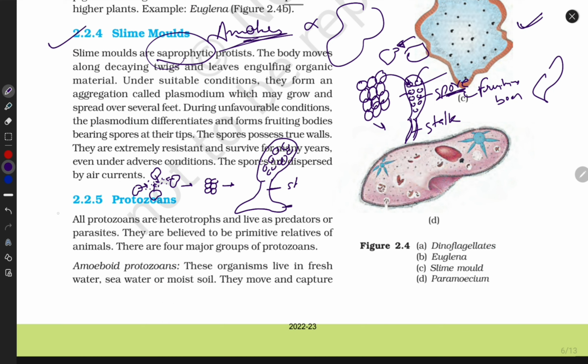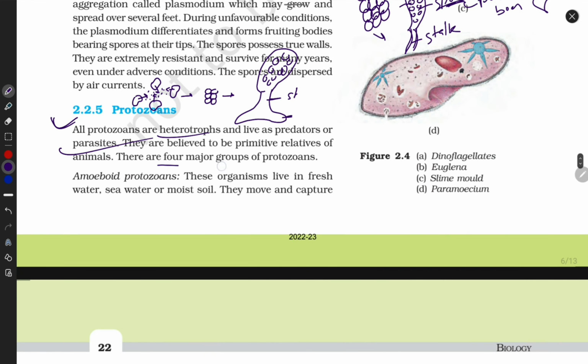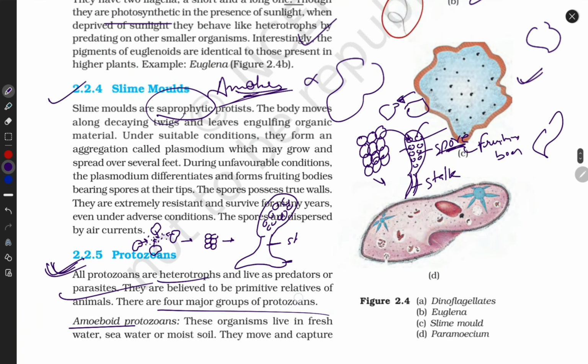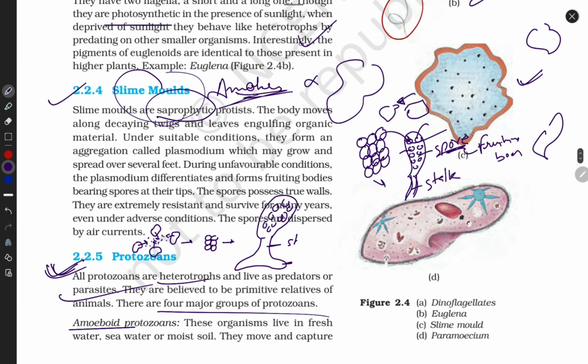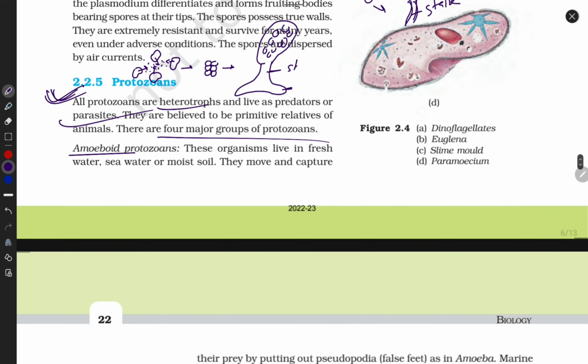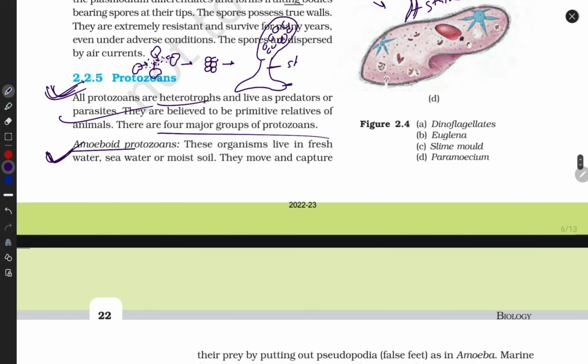Now, guys, protozoans. Protozoans are also heterotrophic. They can live inside the body or outside the body of the host. There are four major classes of protozoans. First is amoeba. You all are familiar with amoeba. Guys, this is slime molds. We can also call it an amoeba, but specifically amoeba is different.